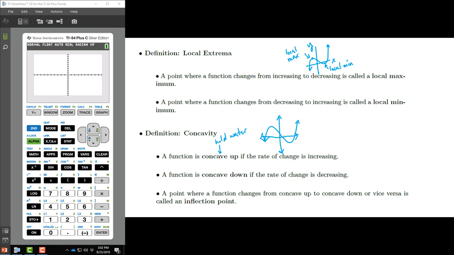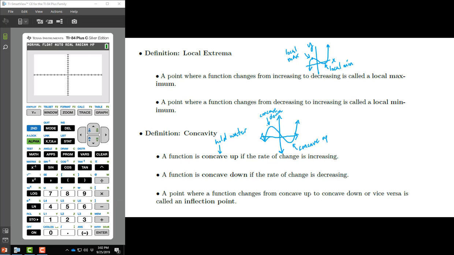Another way of thinking of it is concave up is kind of the valley, whereas concave down is this region where we're forming this hill. So this portion here is concave down, and this portion down here is definitely concave up.